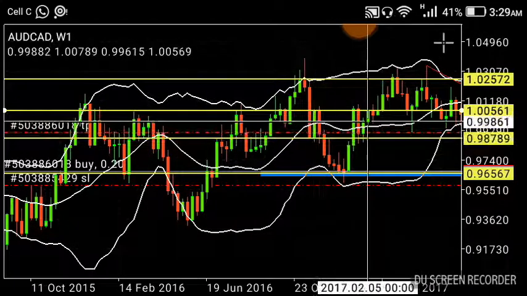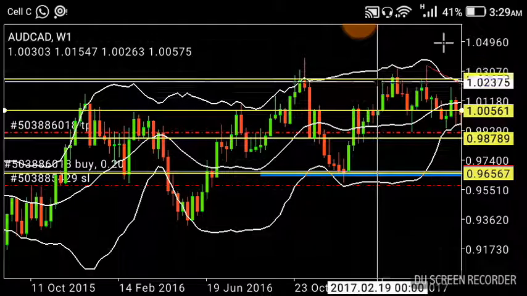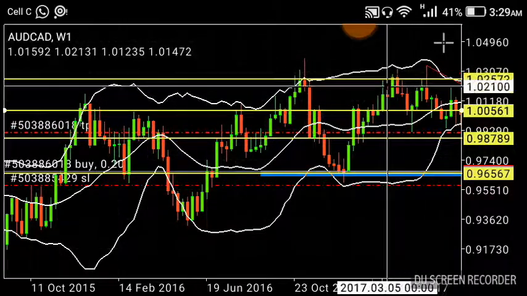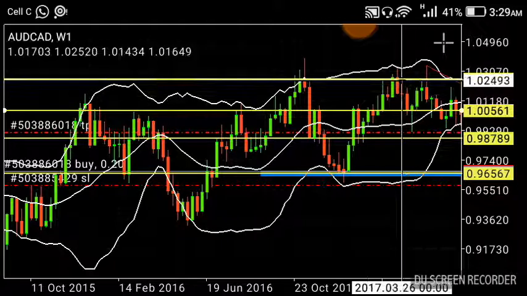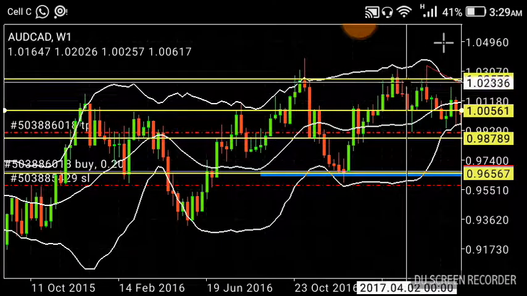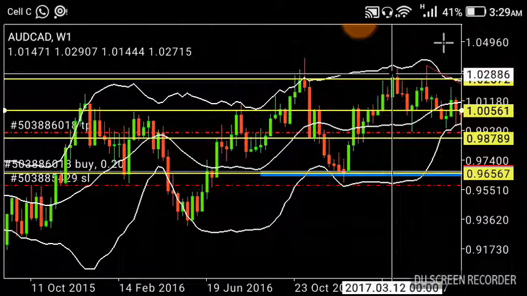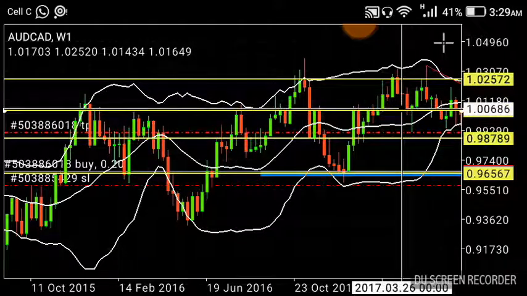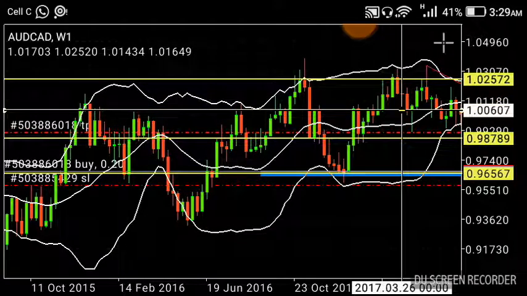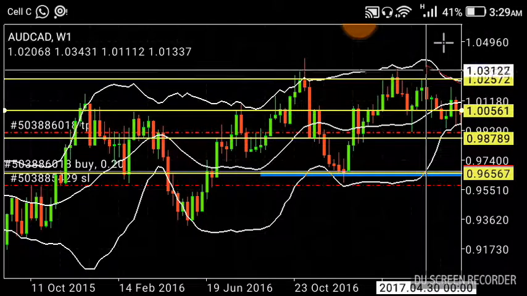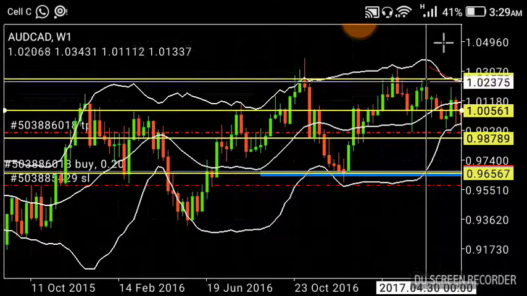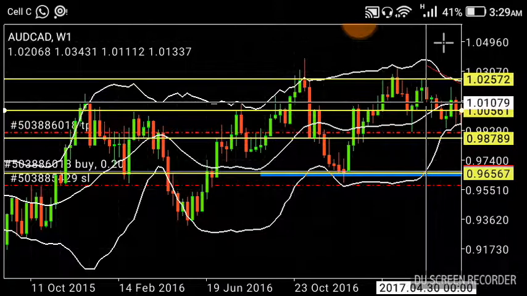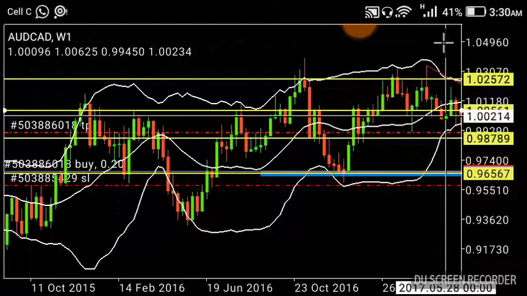But then the point is, we are trying to identify where the market bounces off these Bollinger Bands and starts reversing. Here the market did hit the Bollinger Band, and it started dropping, and it continued to drop up until this other support here, and it came back for the second time in an attempt to break through this resistance level here, and failed again and started to move downwards.